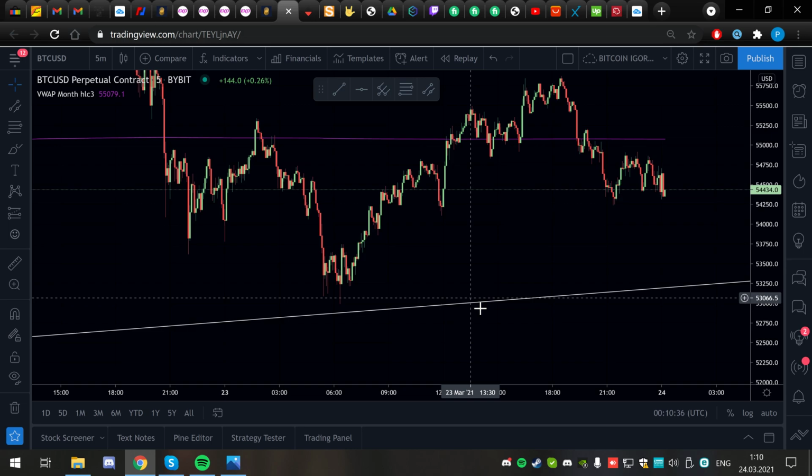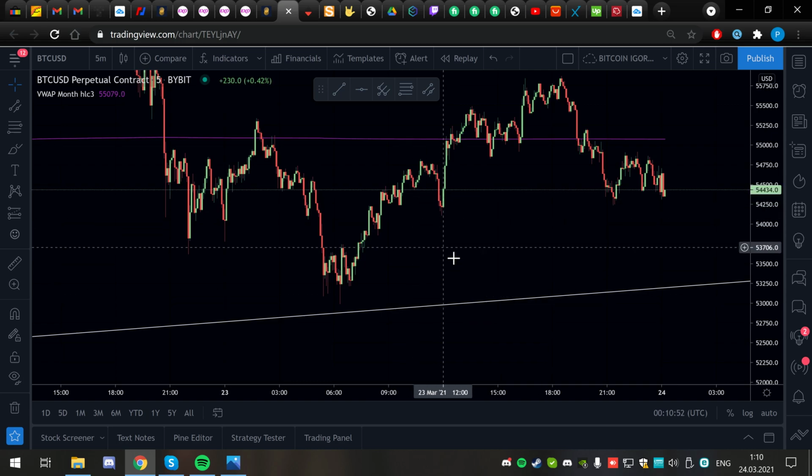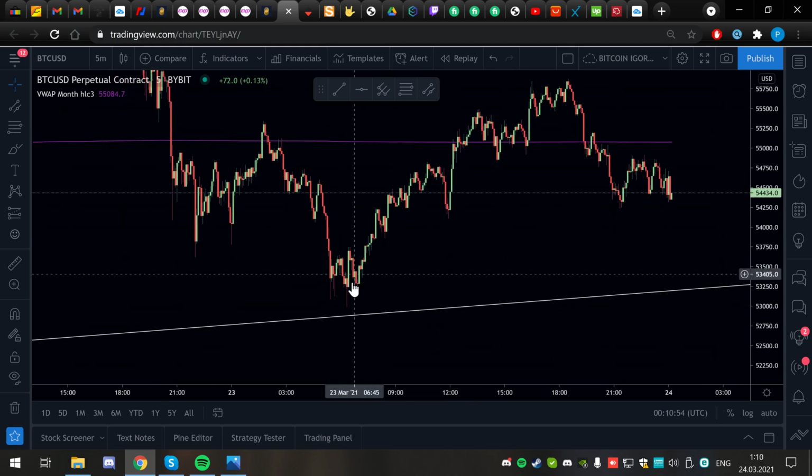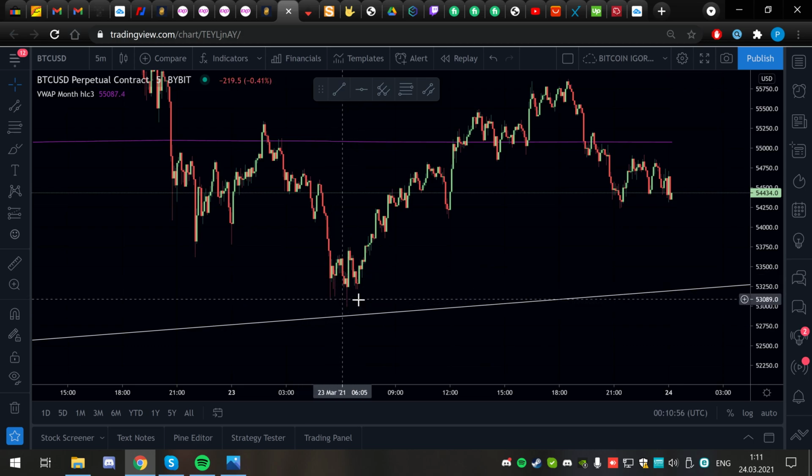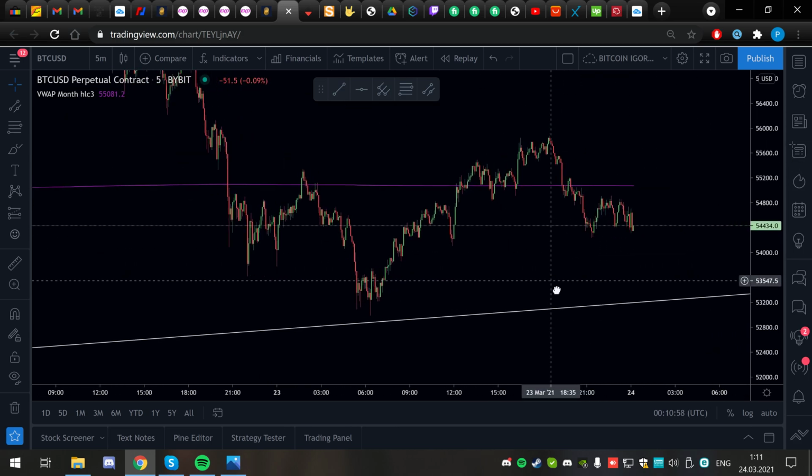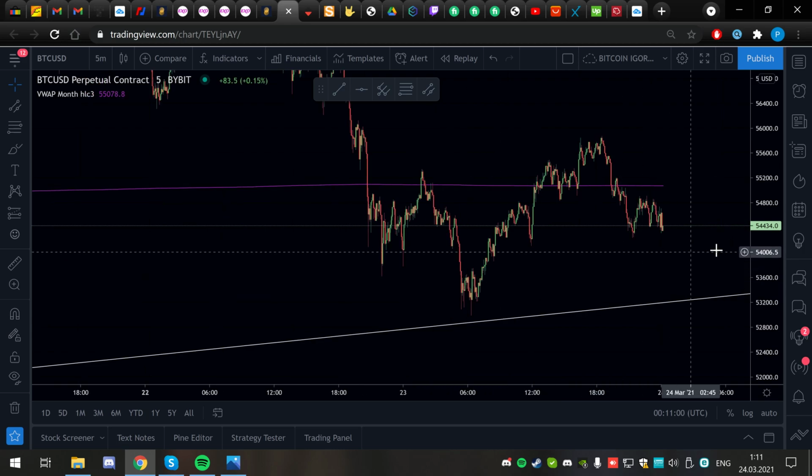So you see, the higher the time frame, the better the bounce from bigger channels. This is what technical analysis is. You are searching for good entries from higher time frames to make more money. And this was a really good money maker trade. $2,000 bounce.